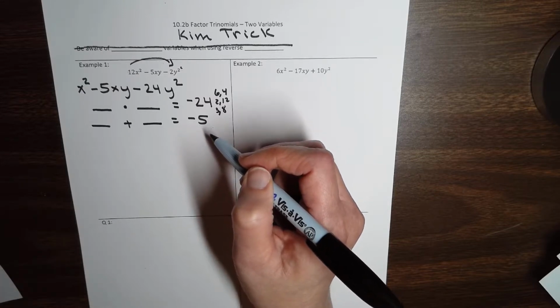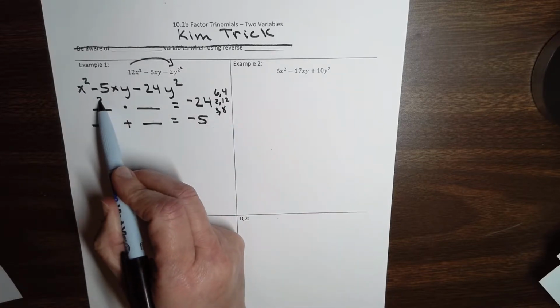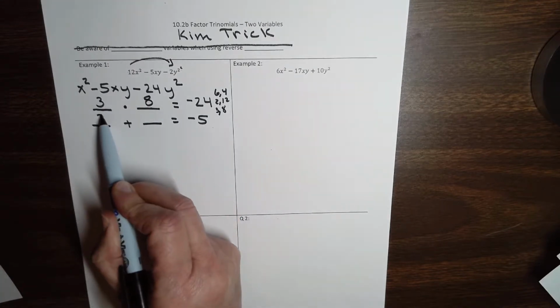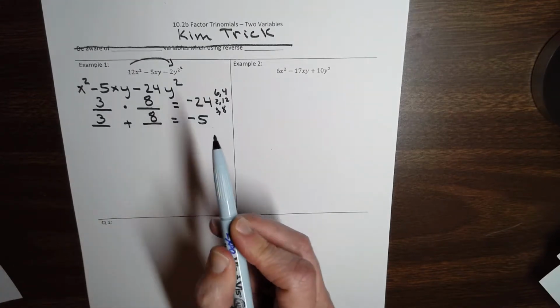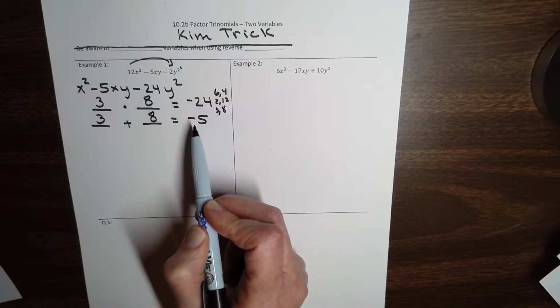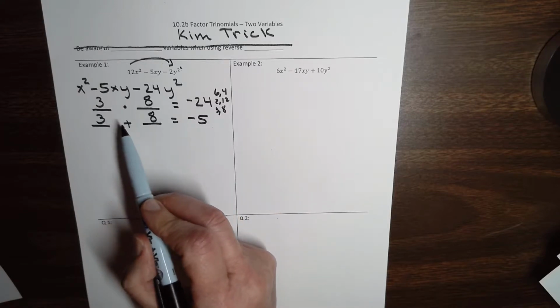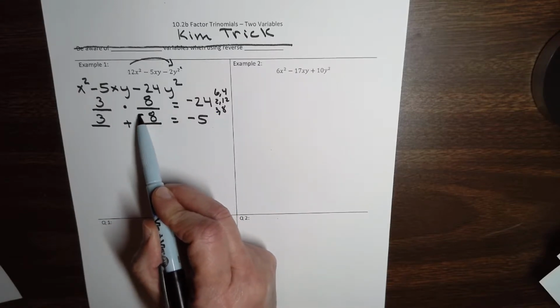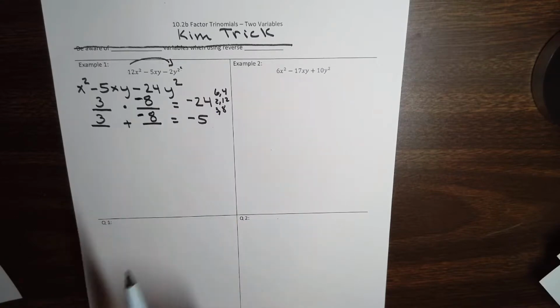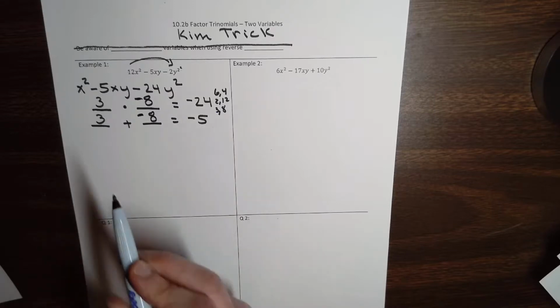The example that makes this true is 3 and 8. But remember to look at your signs: to get -5 when I add together, the 8 has to be negative. And that's also true for the -24.